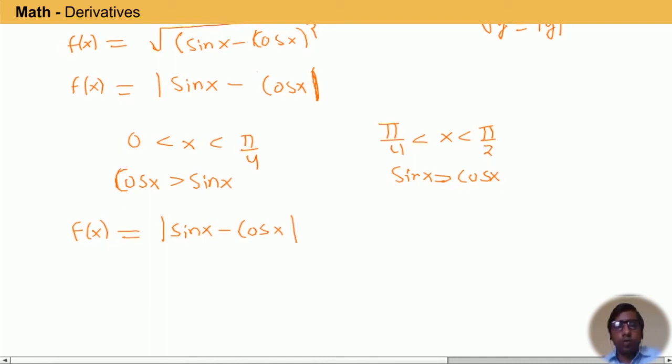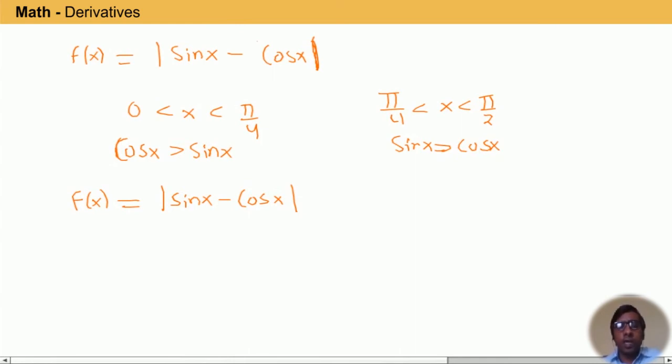So now two scenarios are possible. First, I am writing this as sin x minus cos x. Here we will work according to the definition of absolute value function.